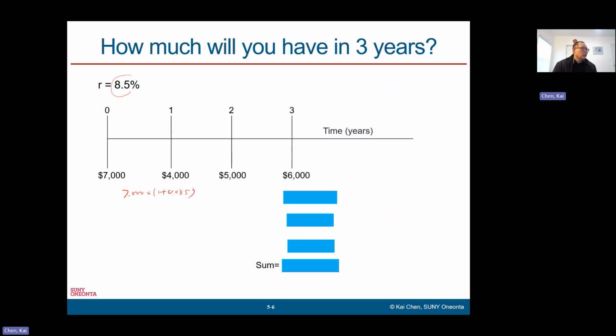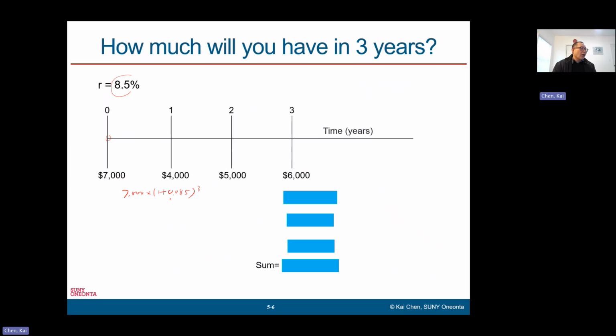What is the power? Your investment process of this cash flow, $7,000, begins at this point and ends at this point, so there are 3 years. So the power is 3. Then you can do the calculation.